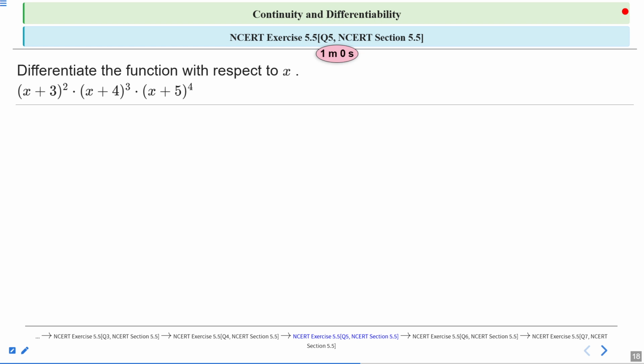After that, we'll move to the solution part, right? Okay, let us move to the solution part.